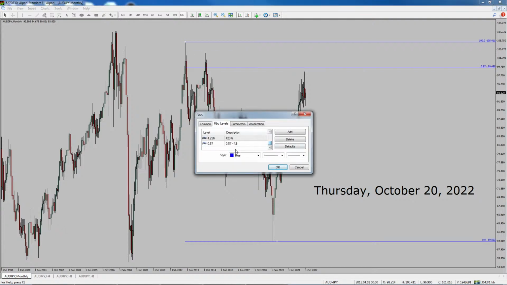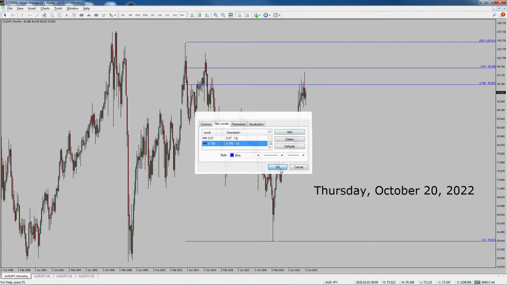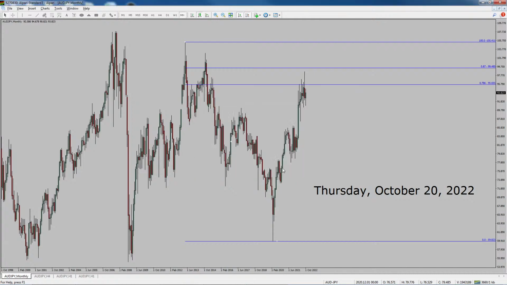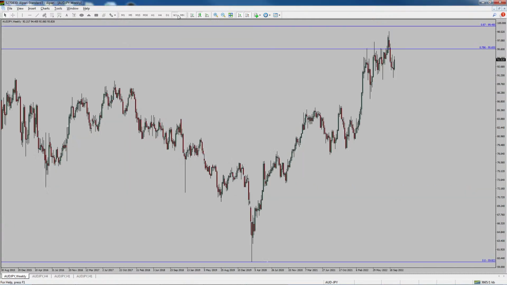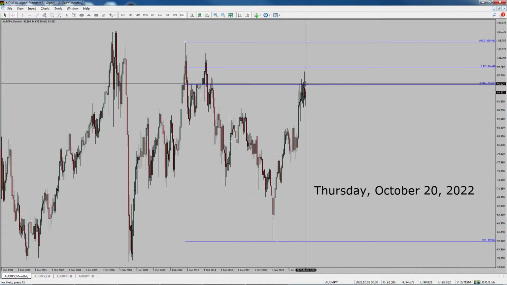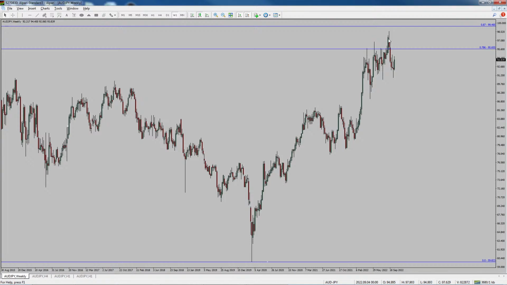Okay, how about 0.786? Based on monthly, no candle manages to close above 0.786. And regarding the weekly, only one bullish candlestick, and after that we got consecutive bearish candlesticks.